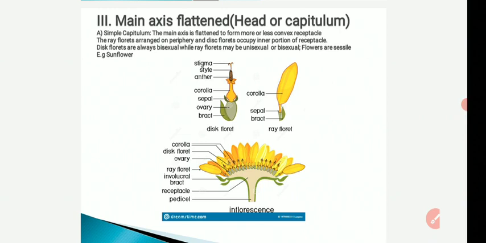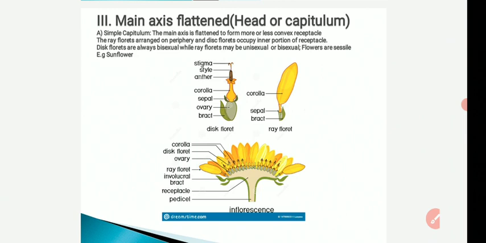In the case of simple capitulum or simple head type of inflorescence, this is the characteristic inflorescence of family Asteraceae, in which the main axis is flattened to form a more or less convex receptacle on which the ray and disc florets are arranged in a centripetal order.